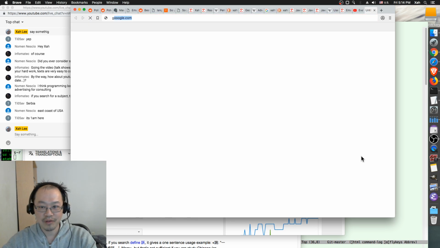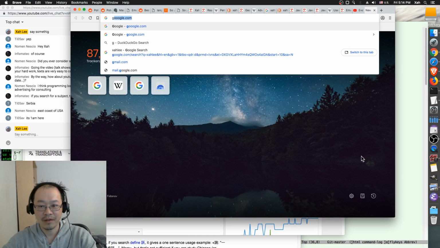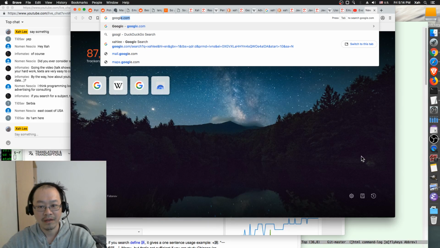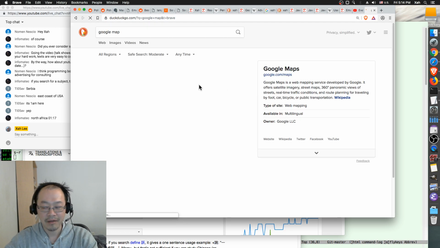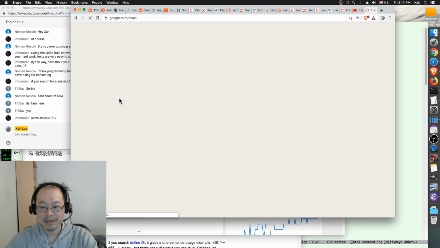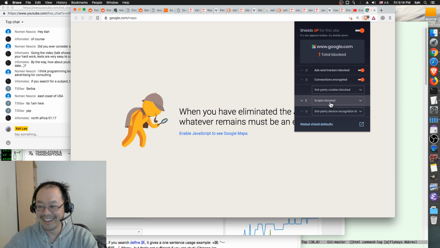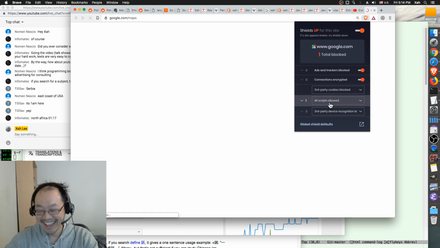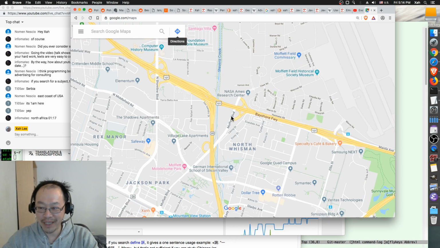So let's go to Google Map. Let's see where Serbia is. This is like a lesson in geography. Part of the reason is the world is so big.